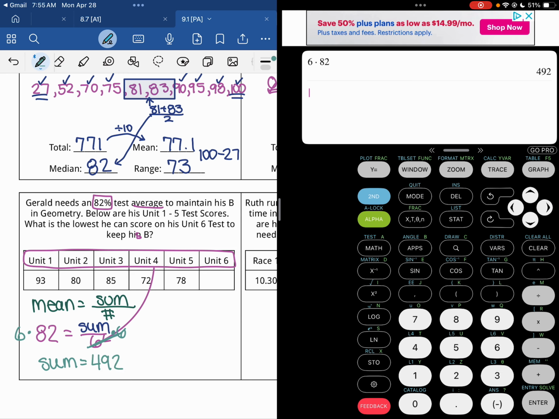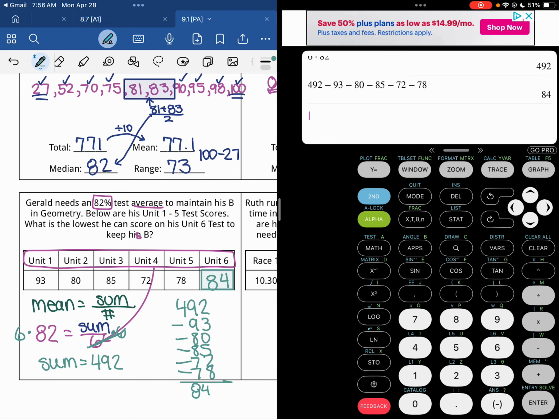Then we're going to take 492, if that's what it needs to add to, we're going to subtract all the scores he's already got. And that will tell us how many points he has left. So 492 minus 93 minus 80 minus 85 minus 72 minus 78, 84. That's it.